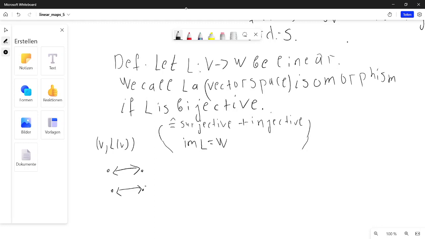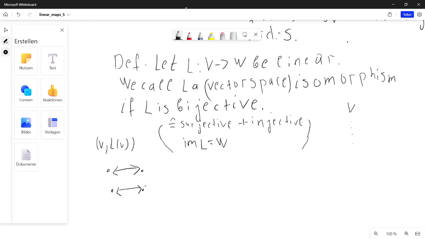For any V there is a unique element of W such that L of V is that element of W, and for any element of W there is a V such that this W is L of V.